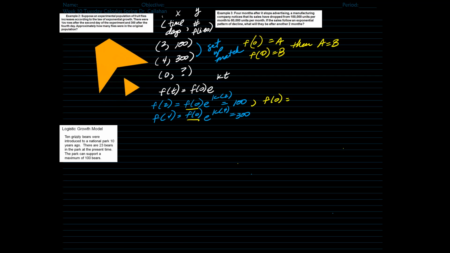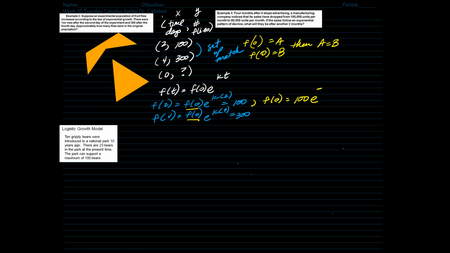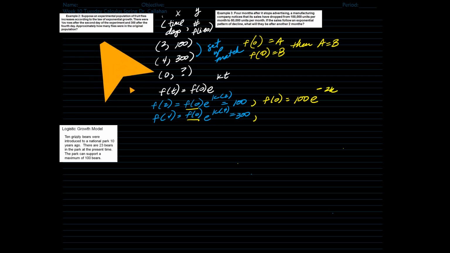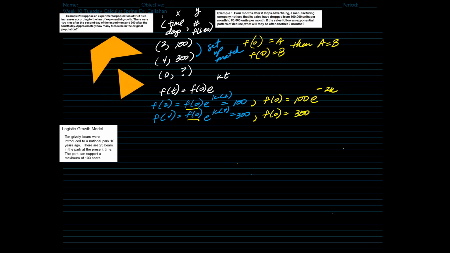But then if I divide it, I need to move it up to the numerator. So it'll just be 100 e to the negative 2k. Similarly here, if I were to divide by e to the 4k on both sides, this part will cancel, and I have f of 0 is equal to 300 e to the negative 4k.